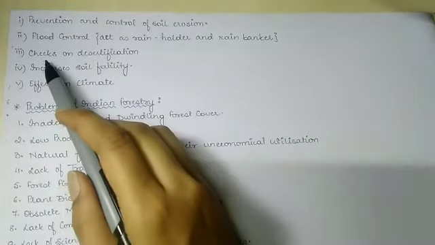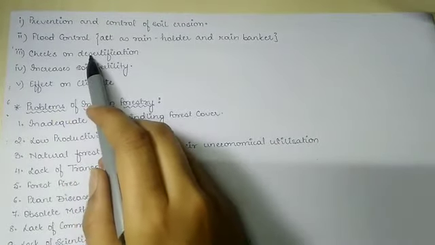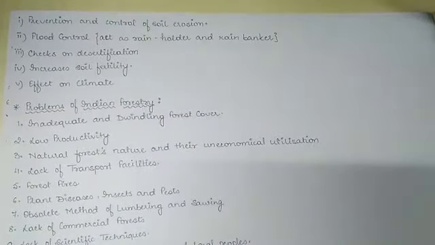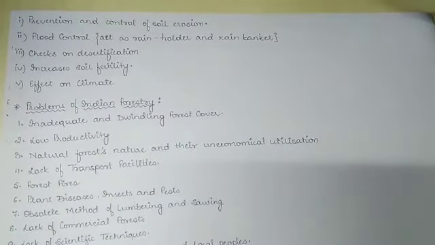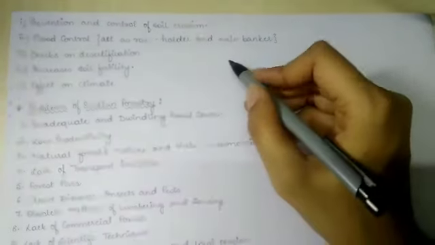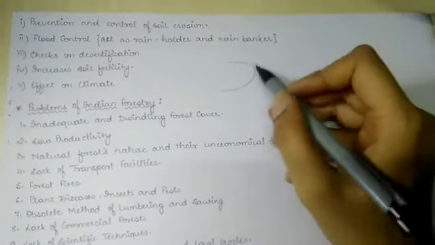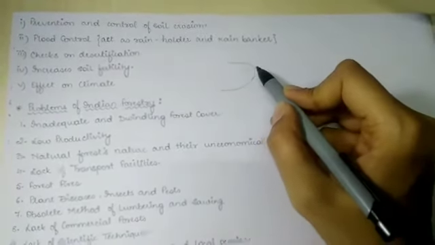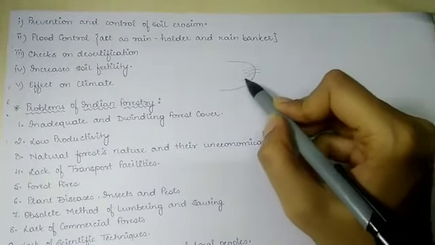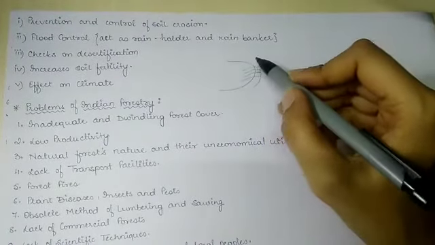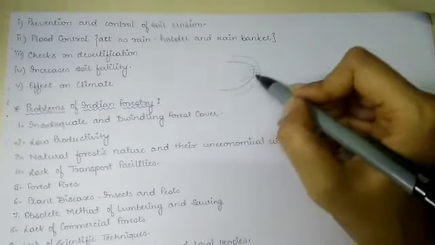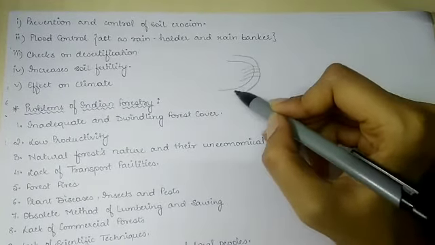The next is check on desertification. Because of wind erosion, the sand particles are blown away by the strong winds in the desert, and they are carried over long distances. So consider if this is the area of desert. Because of wind, the desert is spreading, because the sand is carried further. After a few years, we will see that the area of desert has expanded.